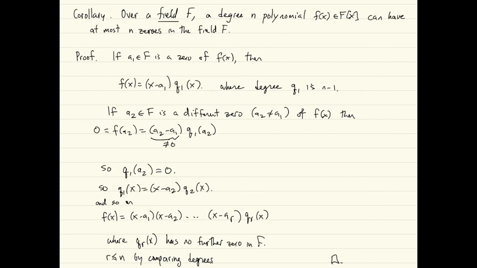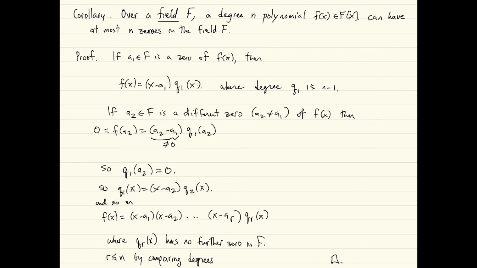So n has to be bigger than or equal to r. And so that's what we were trying to show, that the number of zeros, which is r, is less than or equal to n, where n is the degree of the polynomial.